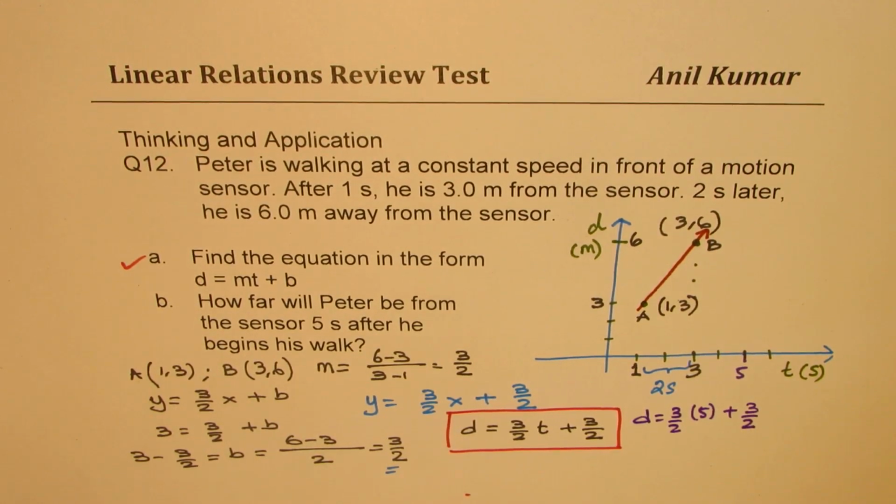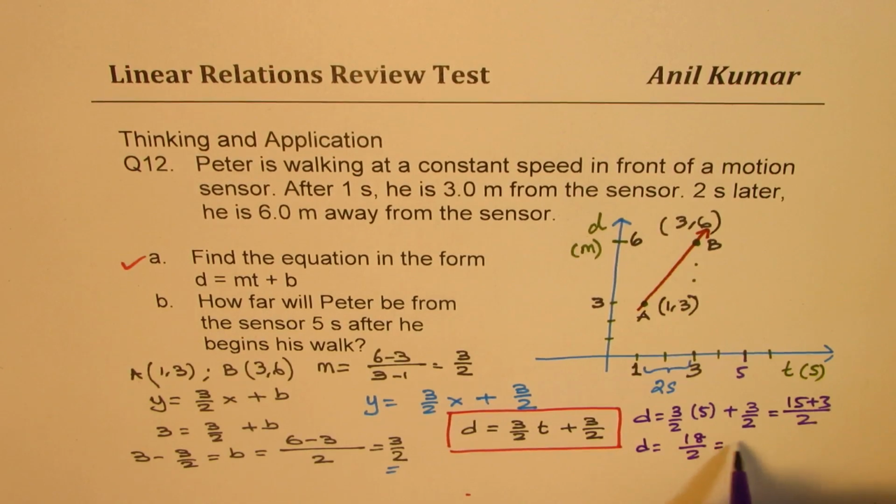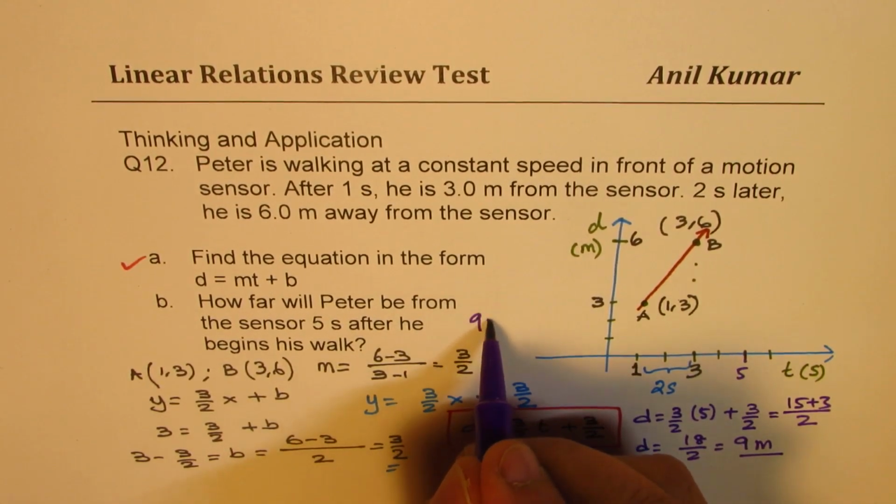Is that okay? So that is what his distance will be. Correct? So that will be 15 plus 3 over 2, which is 18 over 2. So distance equals 18 over 2, or 9 meters. So it will be 9 meters.